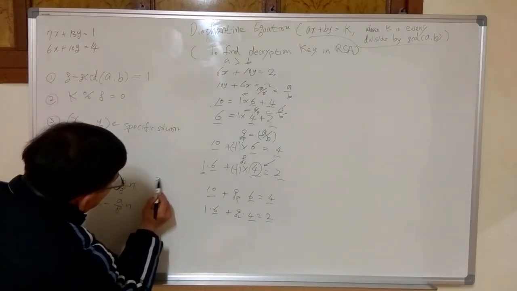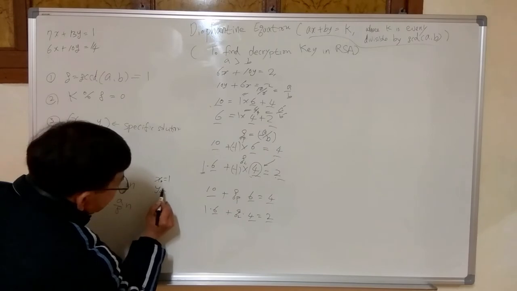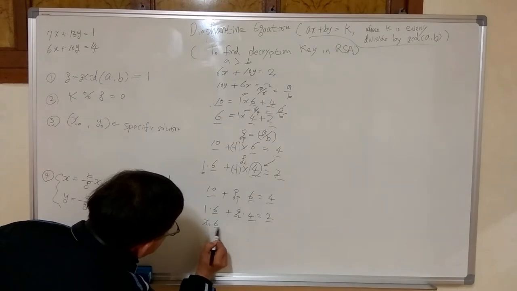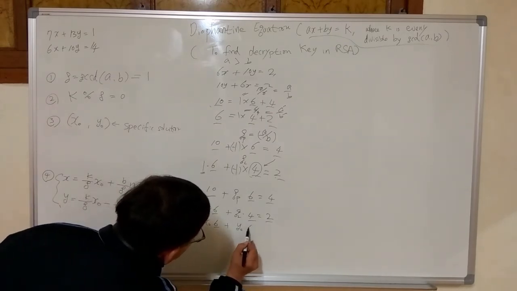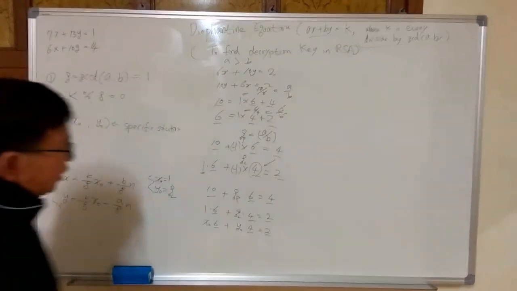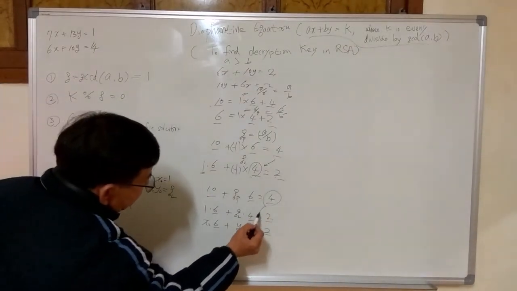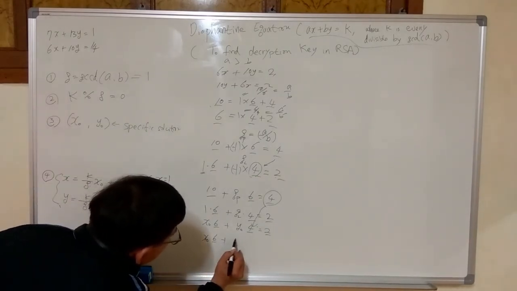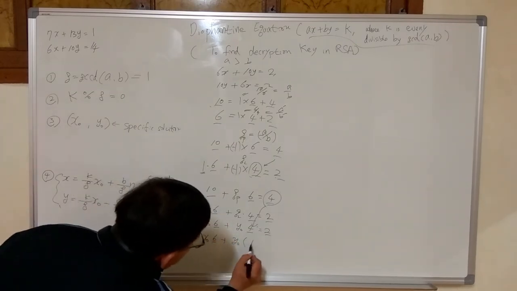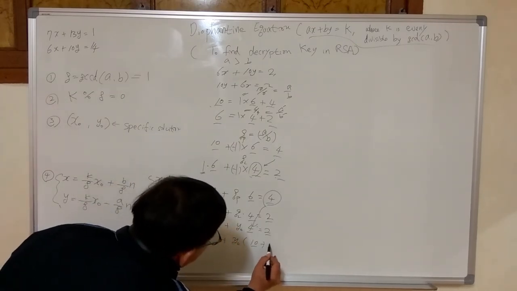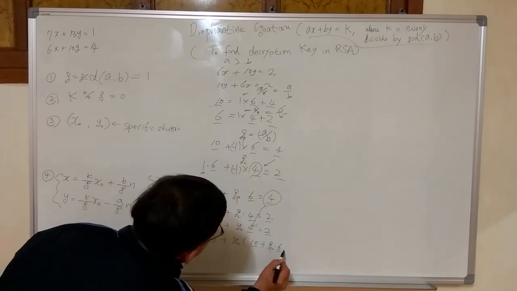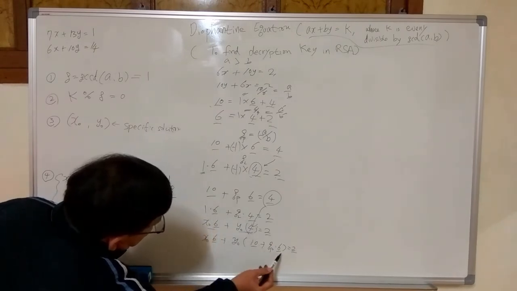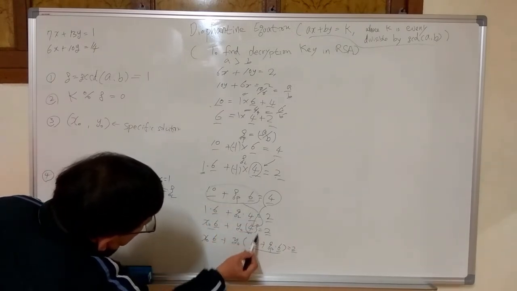Then it becomes x naught 6 bar, y naught 4 bar, then 2 bar. Now we put this equation here, then it becomes x naught 6 bar plus y naught 10 bar plus QP times 6 bar equals 2 bar. In this equation, instead of this place, we substitute this equation.